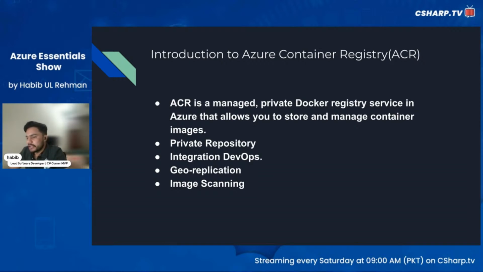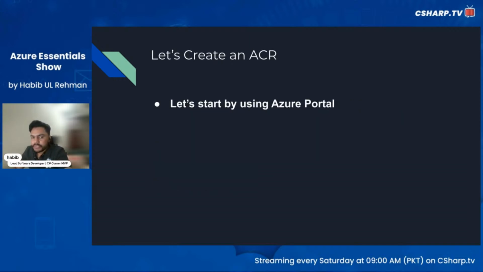It's also cost effective. You only pay for the storage and data transfer that you use. And then it also provides built-in security features including content trust and image signing. So this is the basic introduction of Azure Container Registry.